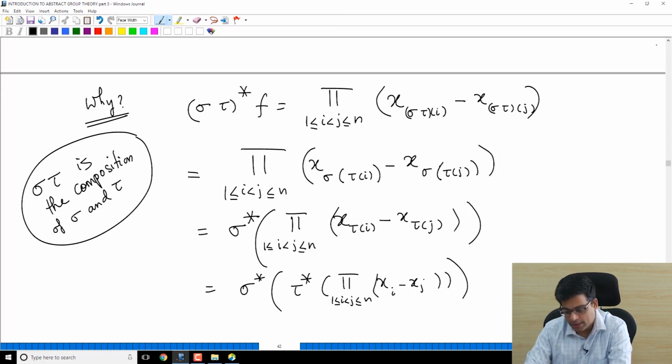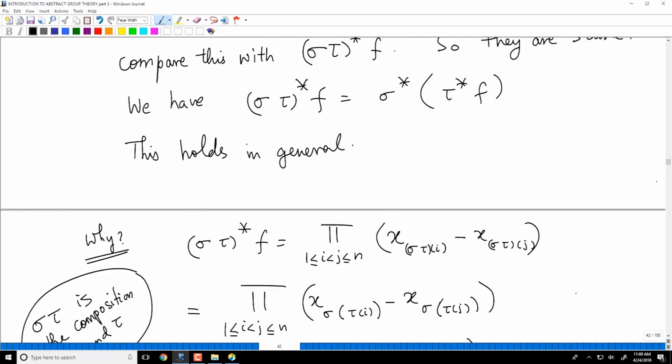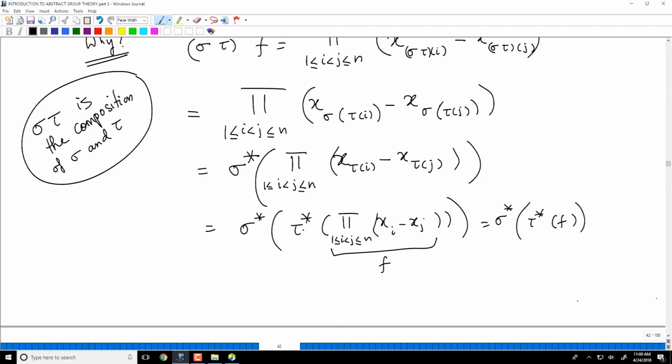Because originally you had xi minus xj, you apply tau star to it and then you get this. But what is this? This is just f. So this is sigma star of tau star of f. Remember, this is exactly what I have claimed here. Sigma tau whole star f is sigma star of tau star f. Okay, so I don't need this interior parenthesis, so let me just write. Okay, so in general I have this.